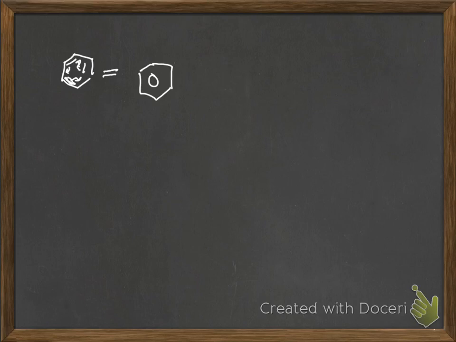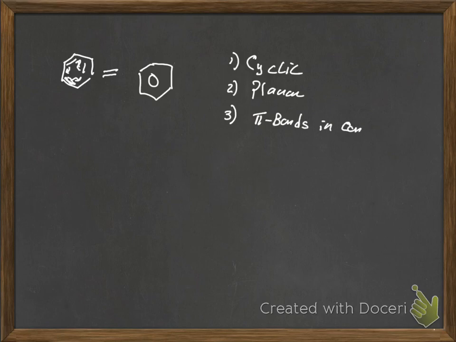We then talked about some of the gateways for aromaticity: it needs to be cyclic, it needs to be planar, it needs to have a bunch of pi bonds in conjugation, or lone pairs of electrons.